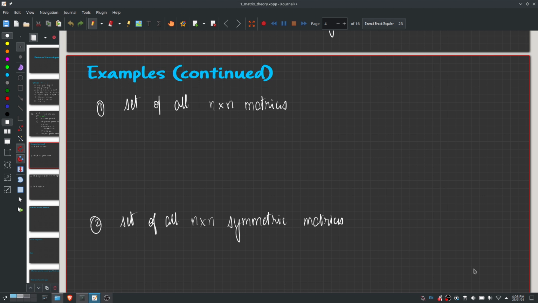Correct. So one basis for the set of all n by n matrices is essentially, let me call this A i comma j, where all the entries are 0 except the i comma jth entry.